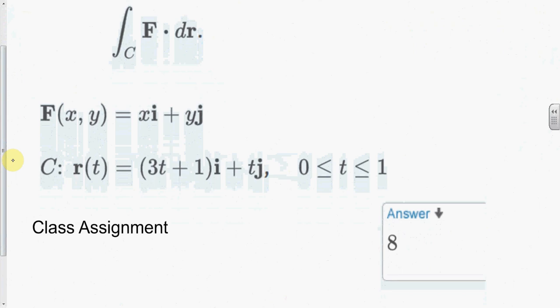What's your integral before that? You took the dot product. So after the dot product, what did you get?